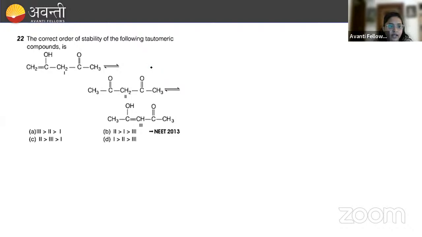Next question. The correct order of stability of the following tautomeric compounds is. Yes. Last question of today's session. Tell me the answer. टॉटोमेरिक कंपाउंड्स दिए हुए हैं, उनकी स्टेबिलिटी ऑर्डर बताइए. 1, 2, 3, 4. Stability order of tautomeric compounds is.